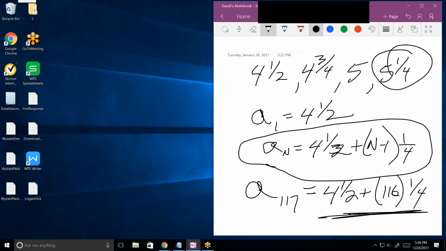So you can kind of see where the explicit formula is quite a bit more valuable than the recursive. The recursive only works if you know what the previous term is. And when I ask a hard question like, what's the 117th term? Well, I don't know what the 116th term is. So the recursive doesn't help that much.